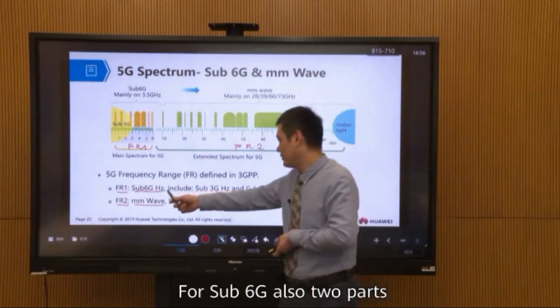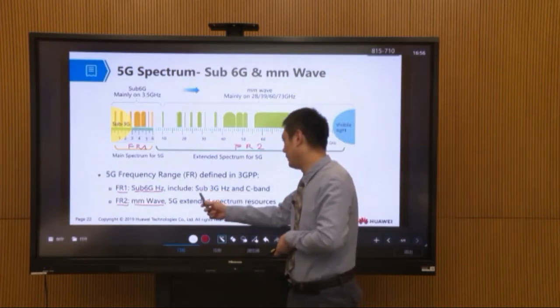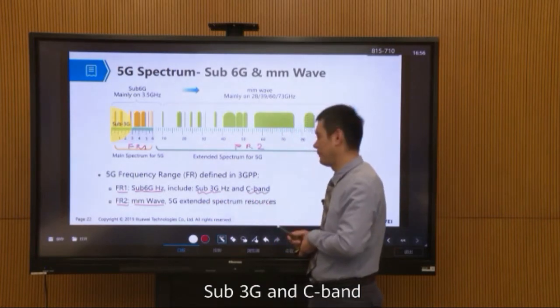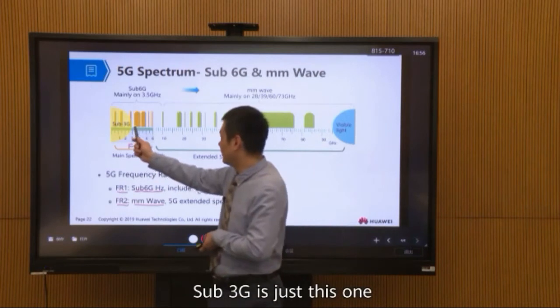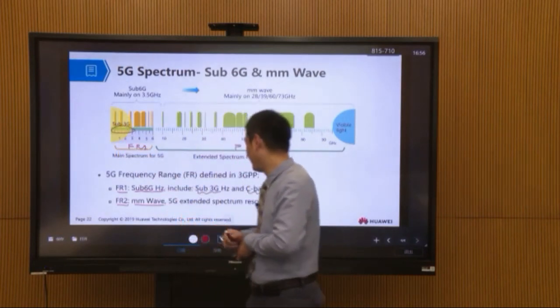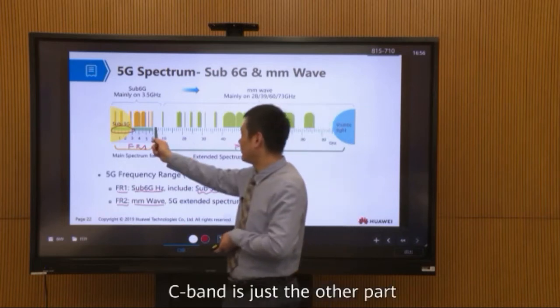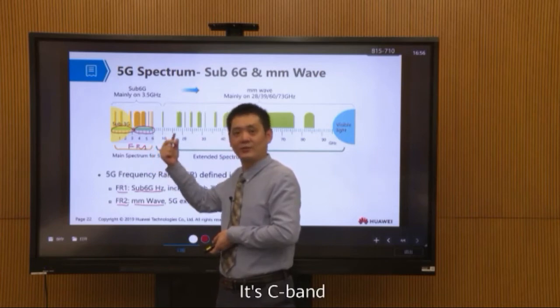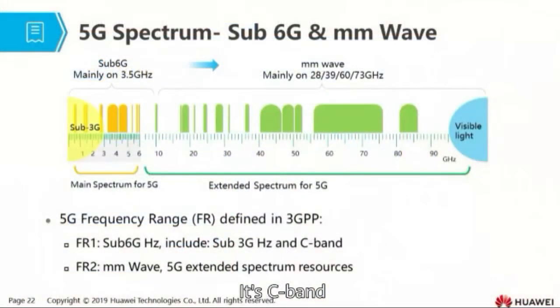And sub-6G also has two parts, sub-3G and C-band. Sub-3G is just below 3G. And C-band is the other part, between 3G and 6G.